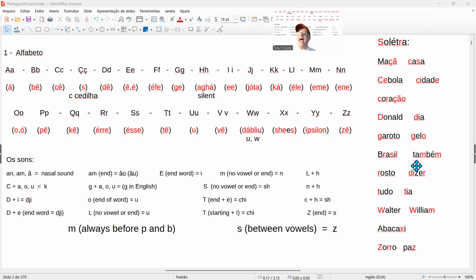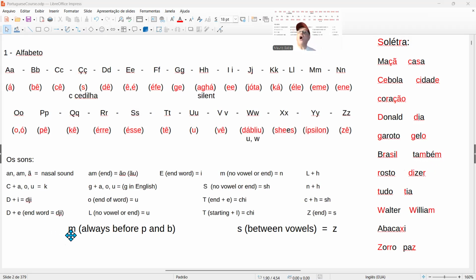T-A, ta. But it comes followed by an M. A-N, A-M, or A with a til is nasal sound. Também. Attention. It's always M before B when you write it, right?